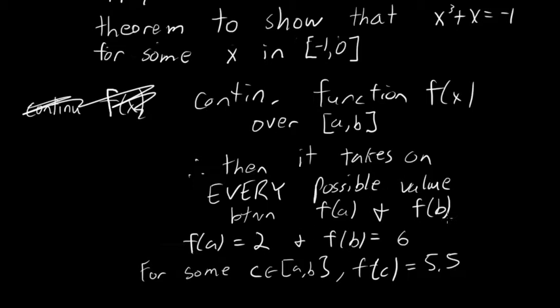Because this function is going to take on every possible value between 2 and 6. So there is going to have to be a c in the interval a, b such that f of c is 5.5.